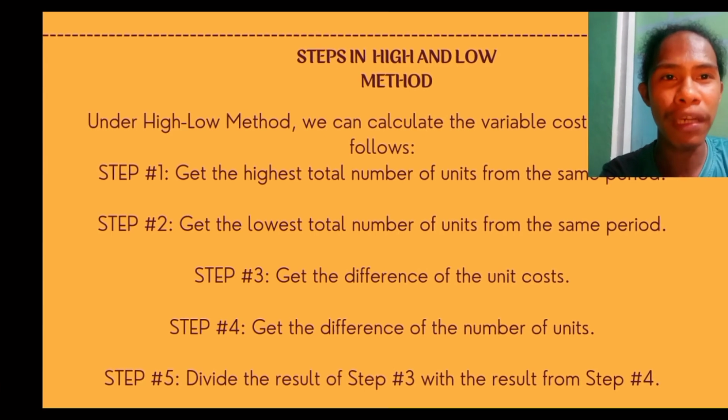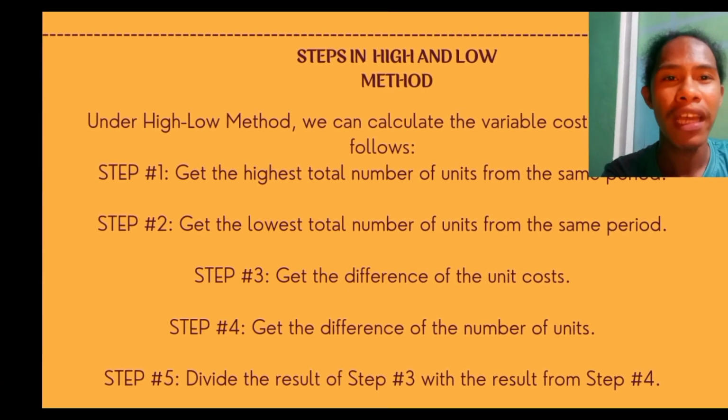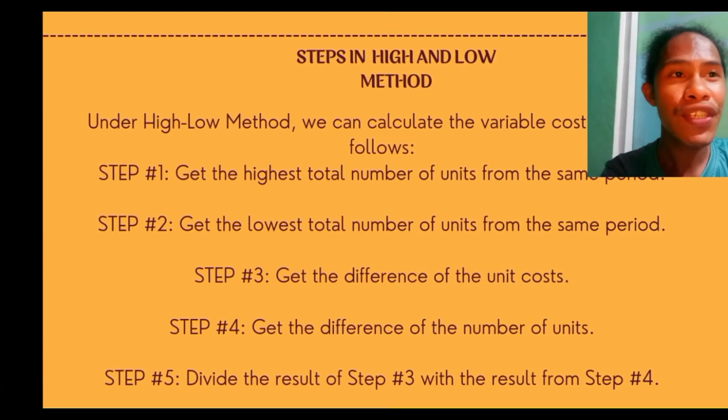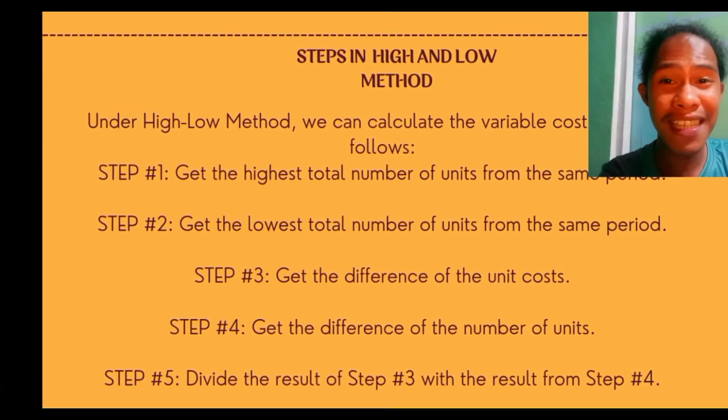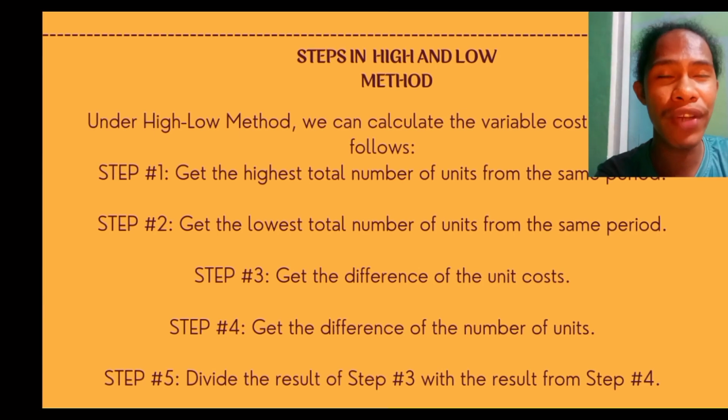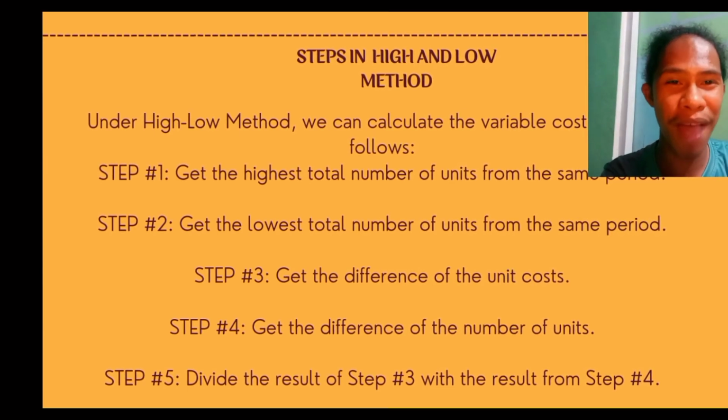And step number 4 is to get the difference of the number of units. And lastly, step number 5 is to divide the result of step number 3 with the result from step number 4. So later on, I will discuss more about how to apply these steps and how to use the high and low method.